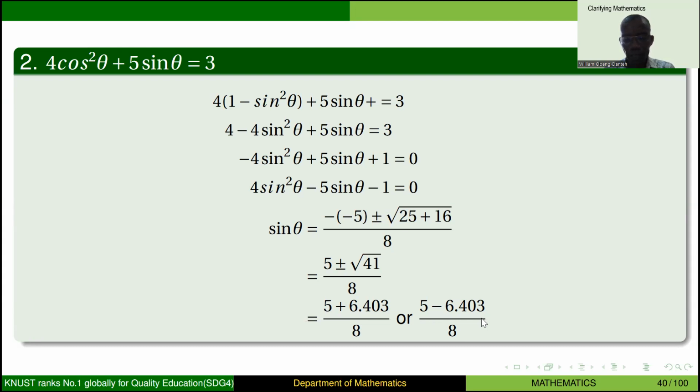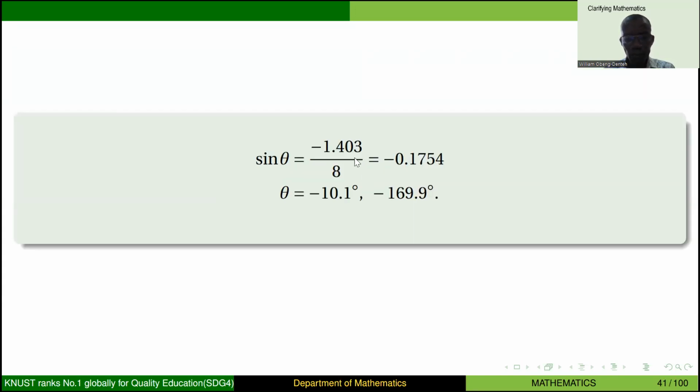And when we solve that, we will get -0.1754. So sine inverse of that will give us -10.1. And remember that we can also move the clockwise way, and then we shall still get this value as well. So -169.9.